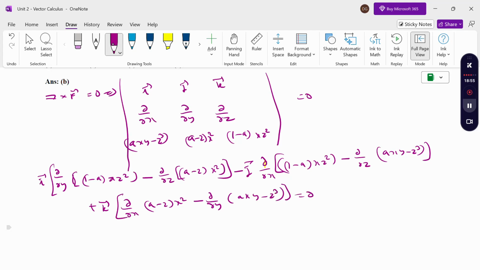equal to 0. So the first term has variable y, therefore the whole term is 0, because here there is no y variable, all values are constant.